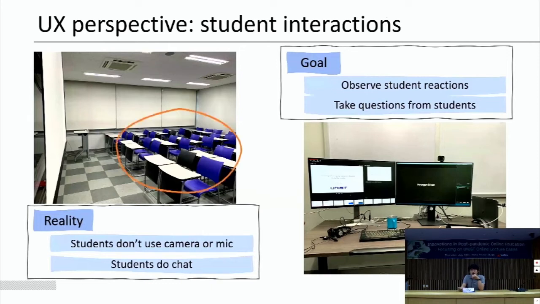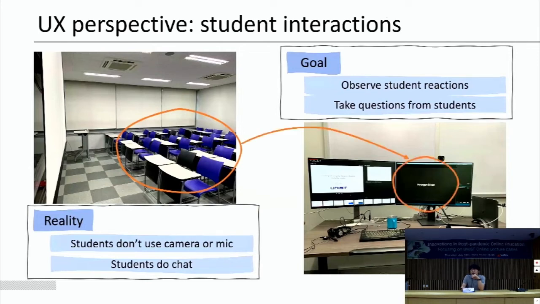This is pretty much available if you're using Zoom, and not really available if you're using, I think, Collaborate. In an offline classroom, we can observe the students easily because they are sitting on those chairs.